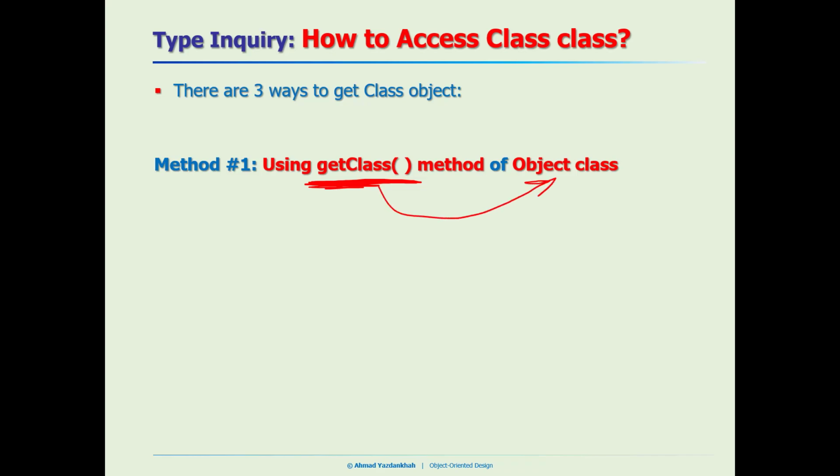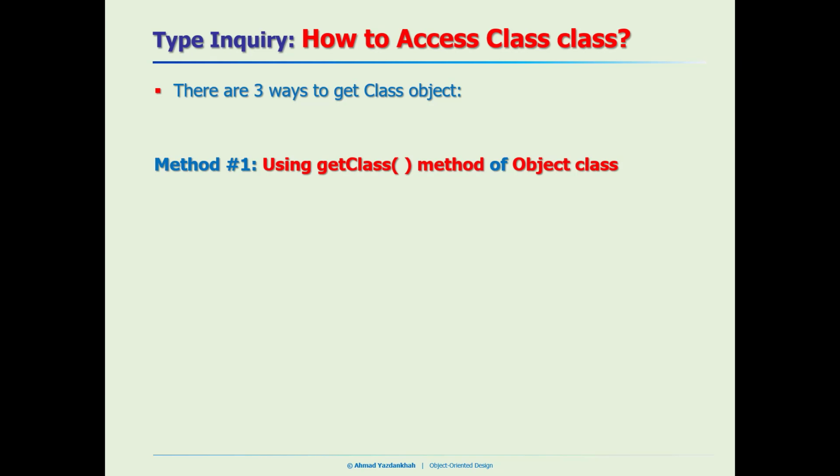You know that this Object class, which is the parent of all of the classes, has some methods, right? We mentioned that before, for example equals, for example clone. And one of them was getClass that we didn't talk about, and now we want to talk about that. So the getClass method can be used to get that class object. How?